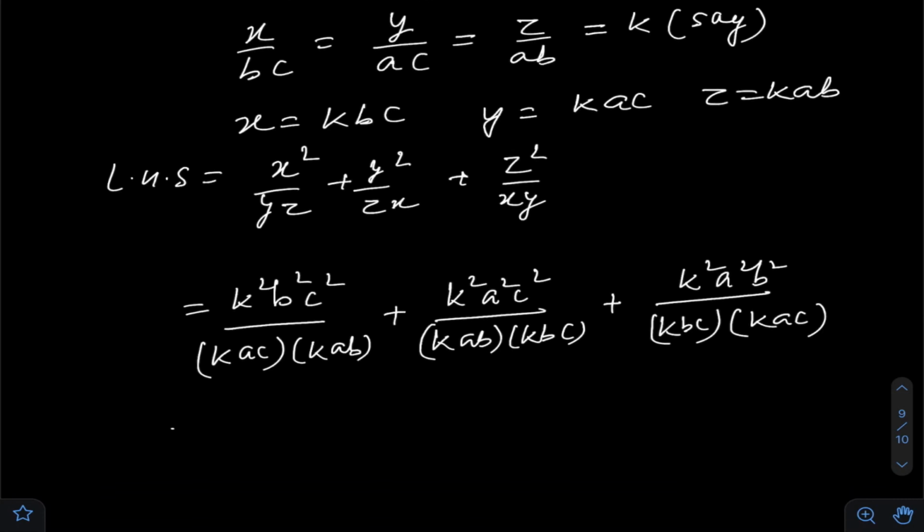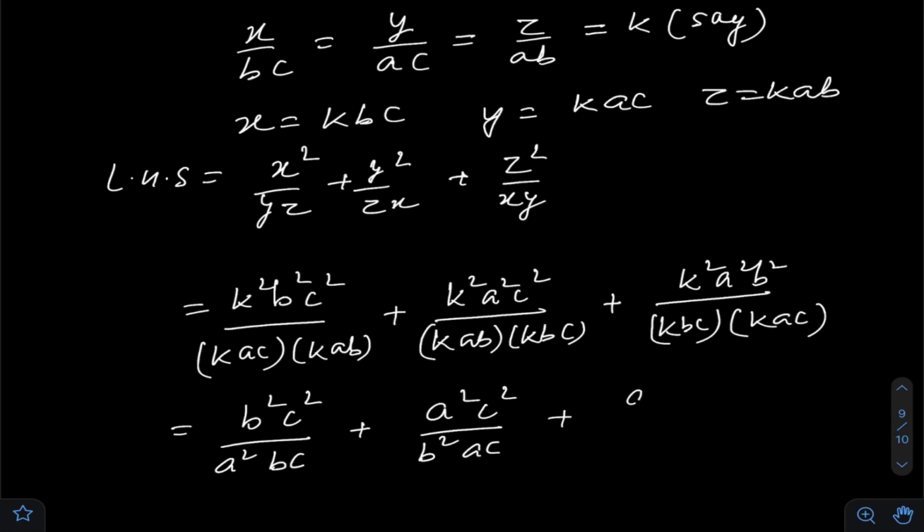Now see what we are getting. We are getting k square in numerator and denominator both, so it will be cancelled. We are getting b square c square, and in denominator we are getting a square bc plus a square c square b square ac plus a square b square c square ba.